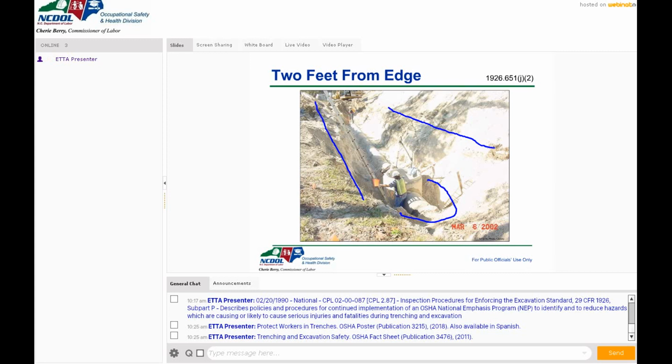Now, going back to the confined space, as soon as that person climbs into that manhole, they just broke the plane of that and they're considered to be in a confined space at that point. And the other thing I wanted to point out, how clear it is whenever they're doing this work, they're using some kind of adhesives down in there.